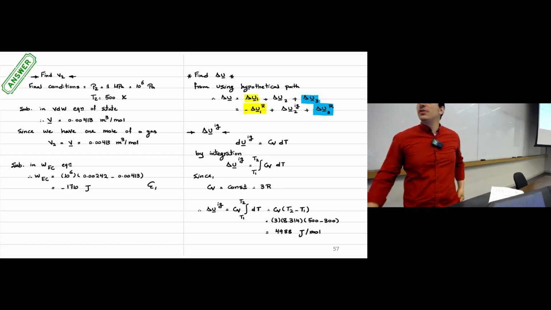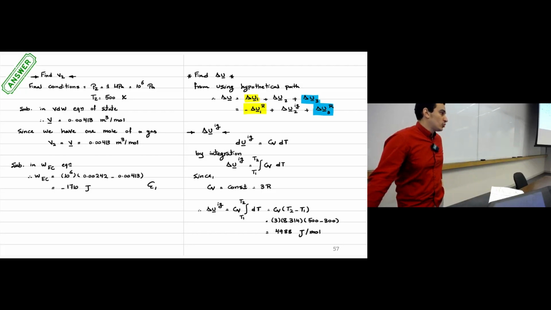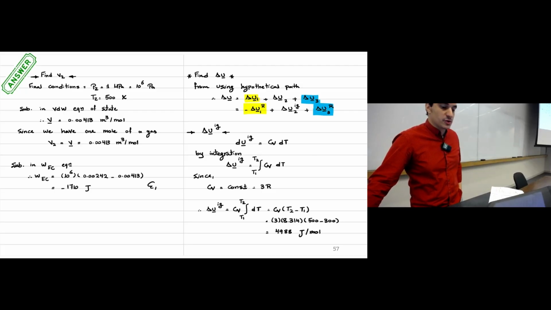So this is the change in the molar internal energy if our substance is an ideal gas. Then we still need to find the residual change in molar internal energy.